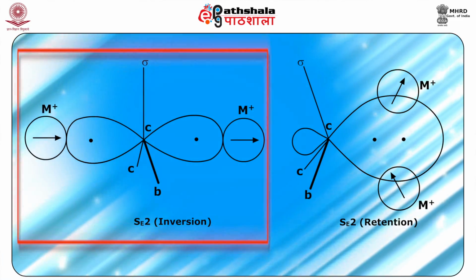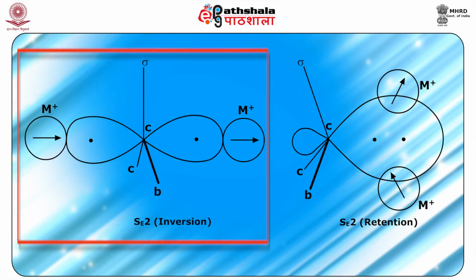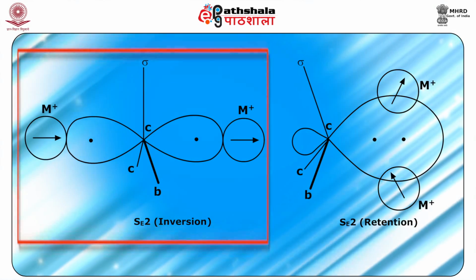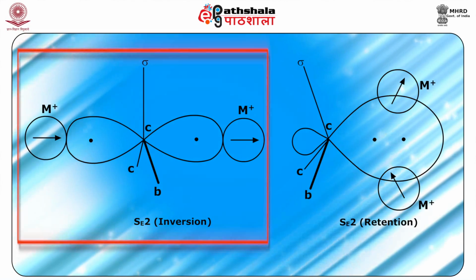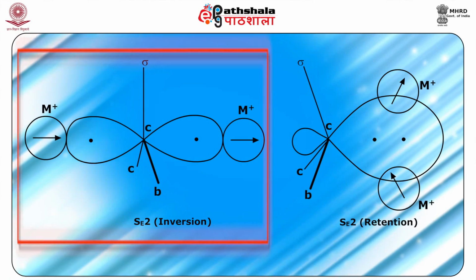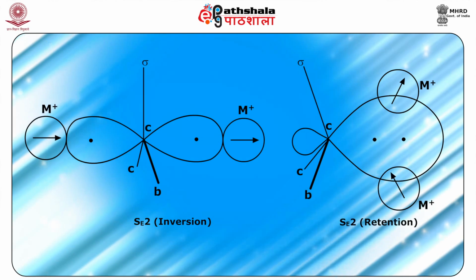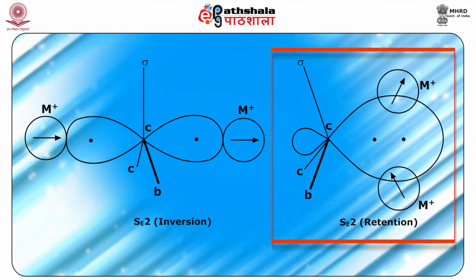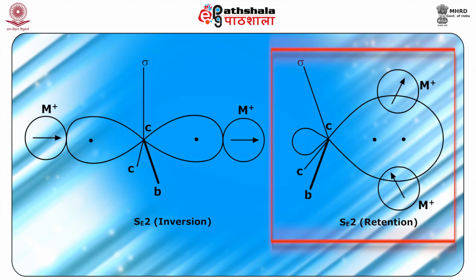If we consider the SE2 back reactions, it was shown that the transition state has good bond extension potential and high ionicity. Thus, the carbon orbital spreads comparably on both sides of the atom, leading to inversion of configuration. In contrast, the transition state has little bond extension and low ionicity.